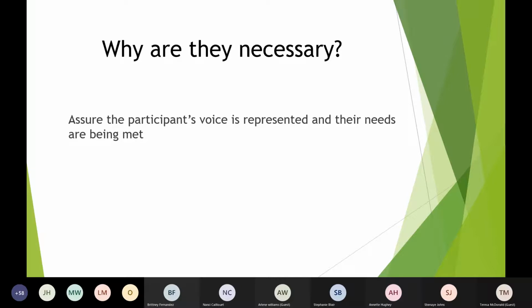We have to make sure in documenting that the information that the participant has provided is accurate. We might have to make sure that it is relevant to the question that's being asked. And we don't want to use our tone in documenting. It's whatever the need of the participant.